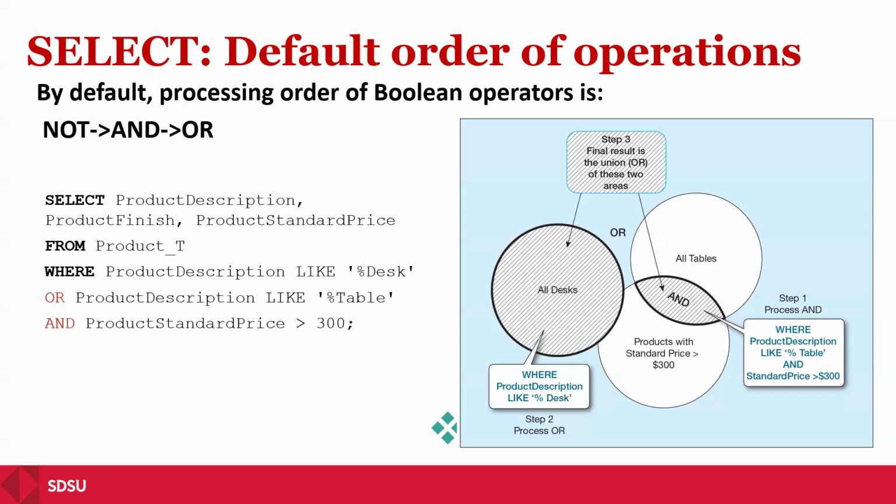As a result, we have a collection of all desks and tables that are more expensive than 300. So that would be the result set. Again, when it comes to default order of operation, it is very important to understand how they work. First we execute NOT, then AND, then OR.